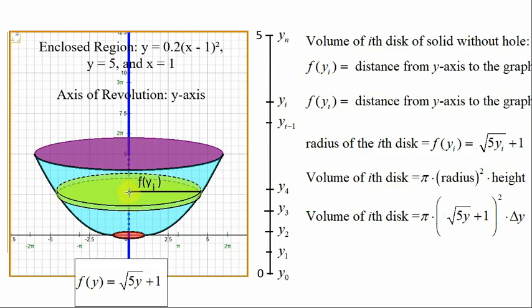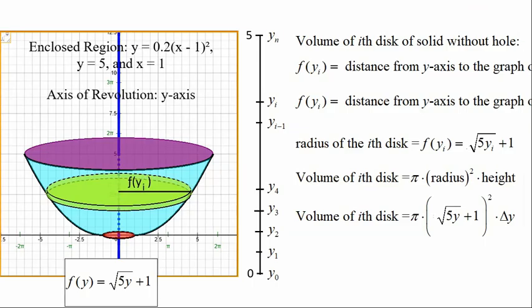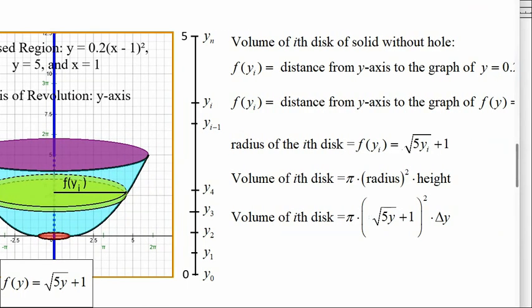The distance from the y-axis out to the graph would be f of y sub i. Notice that f of y sub i is also the radius of this disk in this case. And therefore the volume of this ith disk is going to be pi times the radius squared times the height. The radius is the square root of 5 y sub i plus 1.